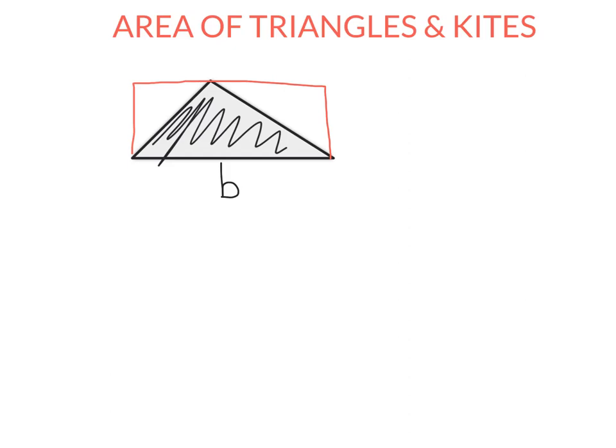If I allow the width of the rectangle to be called h, the area of the whole rectangle is just b times h. It's just length times width. So the area of the triangle will be base times height divided by 2. It'll be the area of the rectangle divided by 2.